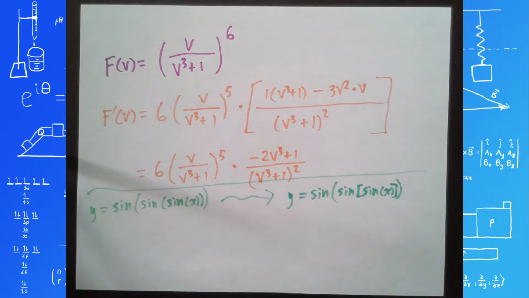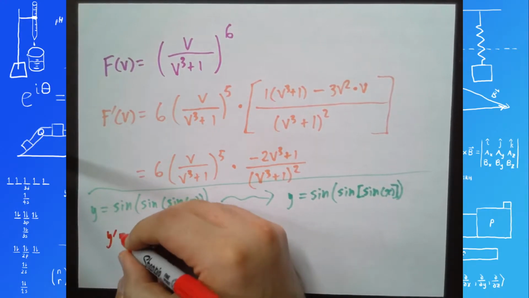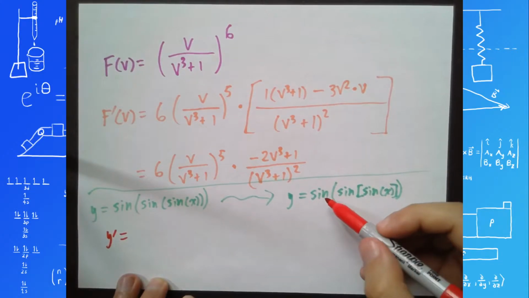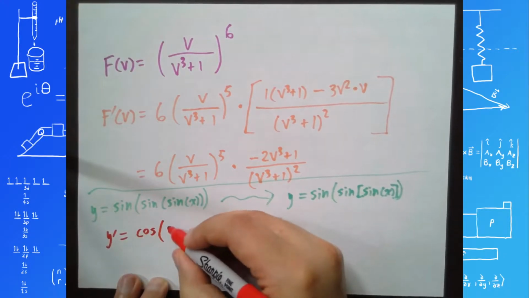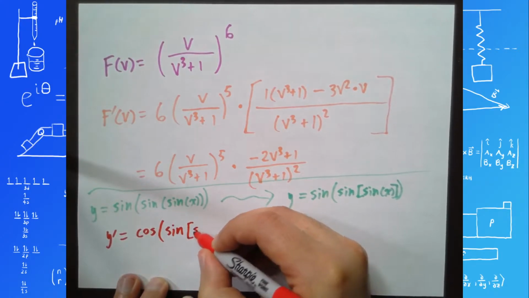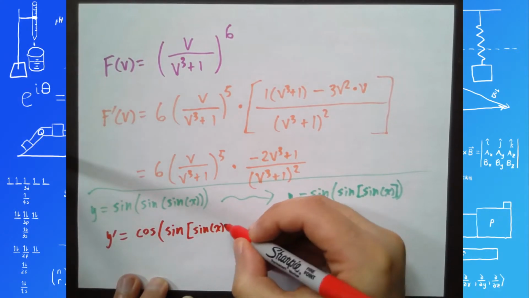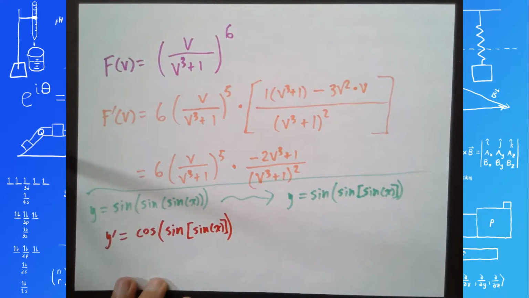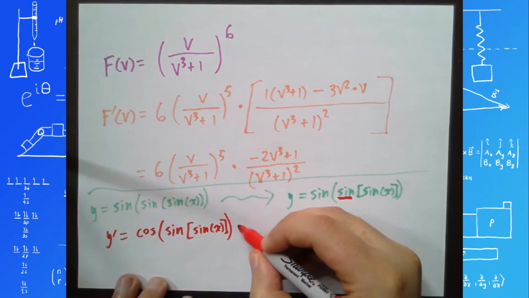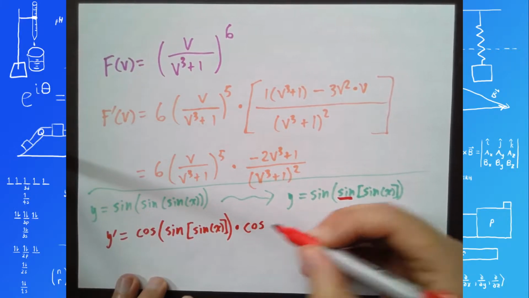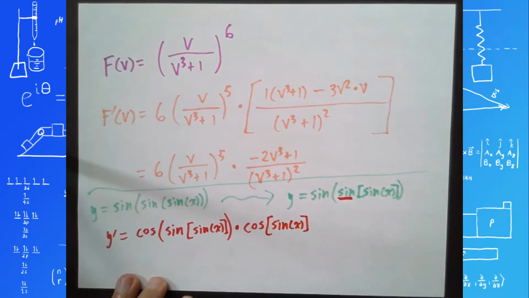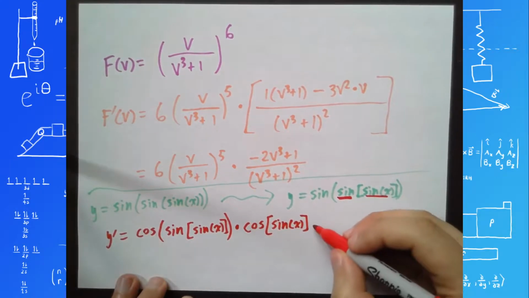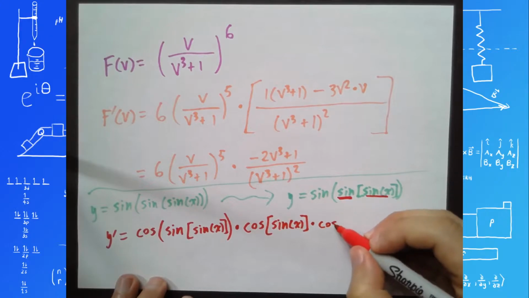Okay, so differentiating, we would get y prime equals, differentiate the outer function first, so derivative of sine is cosine of, rewrite the inside, sine of x, times the derivative at the next layer in, so now we're over here, differentiating sine of x gives us cosine of sine of x, times the derivative of the next layer in, so that's going to be times derivative of sine of x, which is cosine of x.